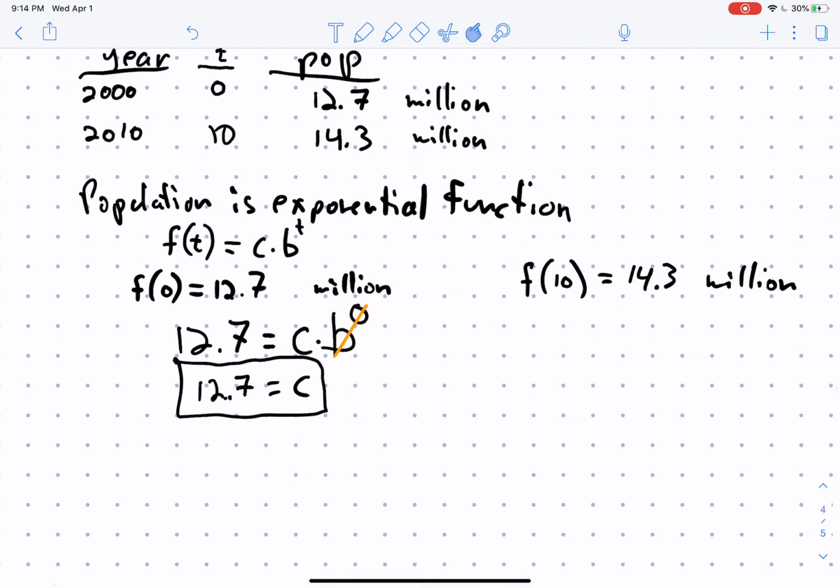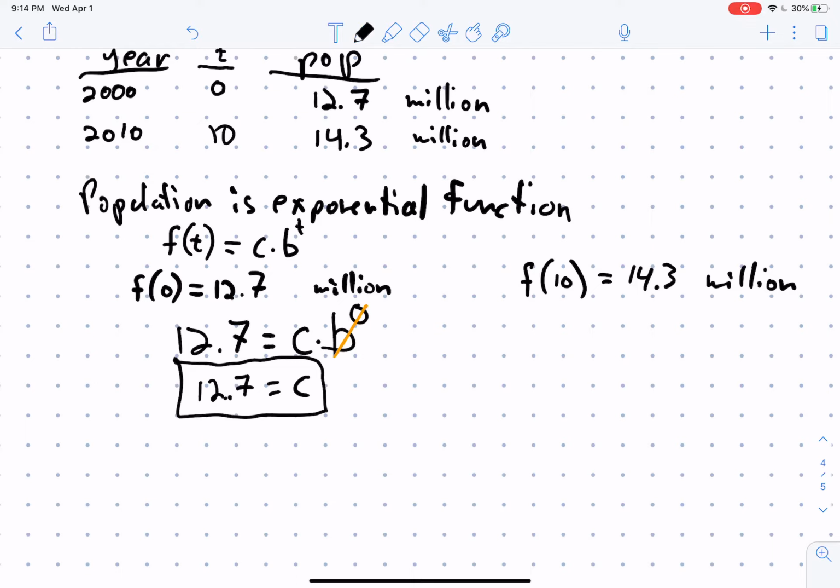Here we're going to plug in the input of 10 and the output of 14.3. So 10 is going to go in for t, and 14.3 is going to go in for f of t, what the whole thing will be equal to. And then we've also determined the value of c, so we put 12.7 in for c.